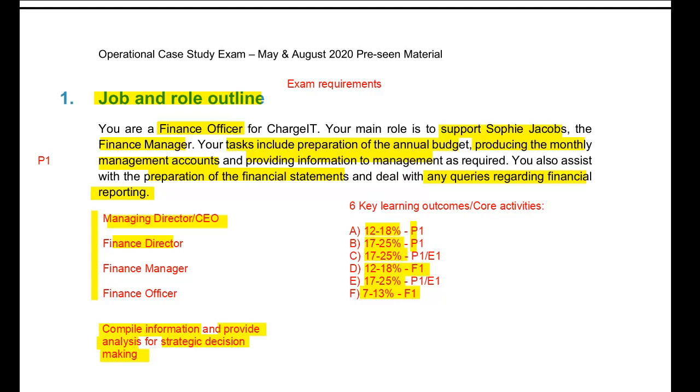You clearly have financial accounting responsibilities as part of your role, and this is combined with the explicit reference to working capital as its own core activity within the new CIMA syllabus. So what this clearly references to us is that working capital is a topic that will come up in some way, in some form as part of your exam. So another key area to be aware of and prepare for as part of your revision.